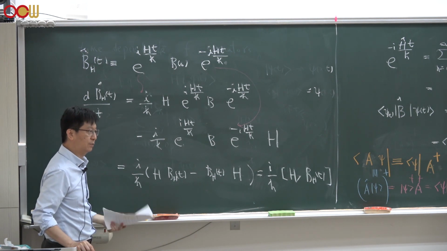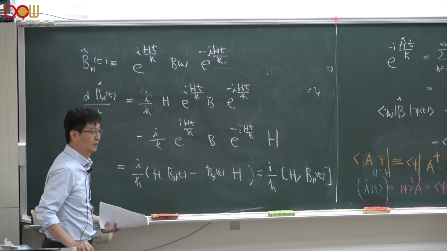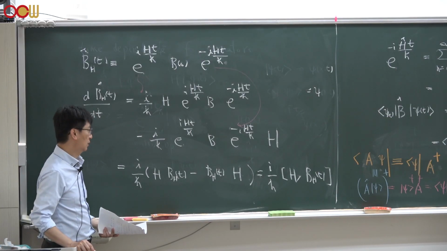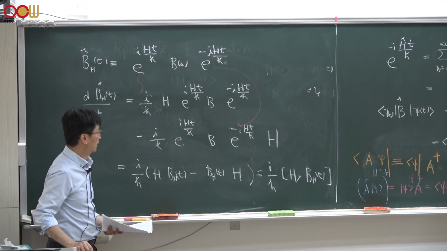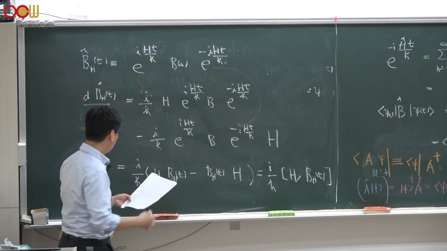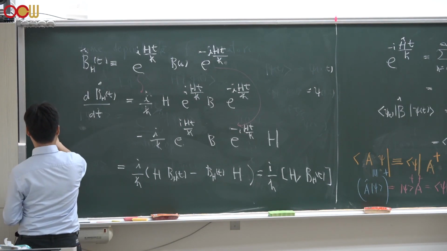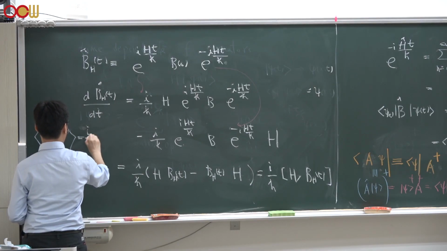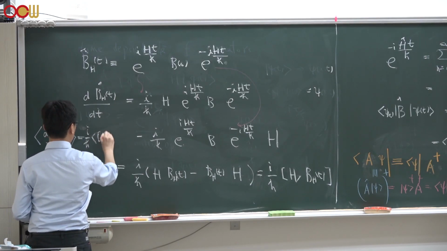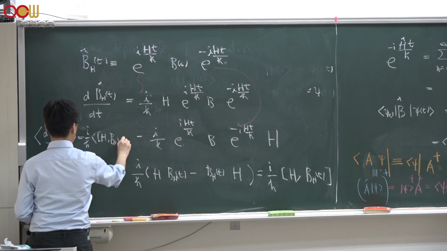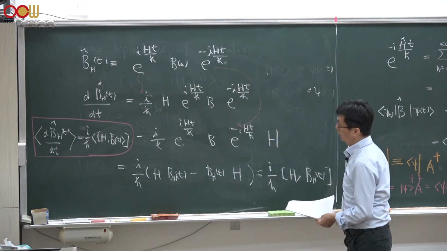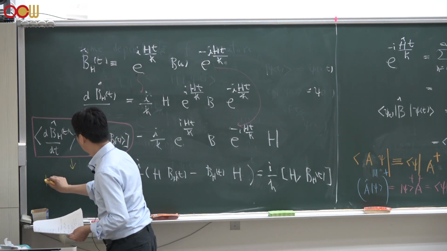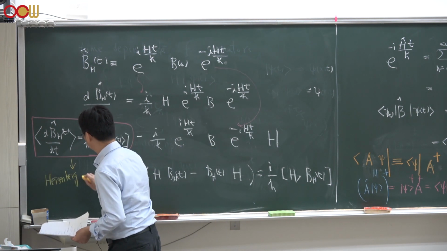It looks like this operator is really time evolved, like the momentum operator could be time evolved in the Heisenberg picture, or the Hamiltonian, or any quantum mechanical operator. So in other words, we could simply take the expectation value of that identity, which is given by i over h bar, the expectation value of the commutator of H and B. Okay, so this is the Heisenberg equation of motion, and we take the expectation value of it.